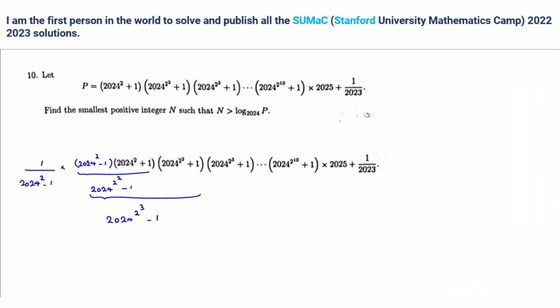It's 2024 to the power of 10 over 2023. Then they want what? Log of. Can you say it again? Okay. Calculate the last answer. So 1024.